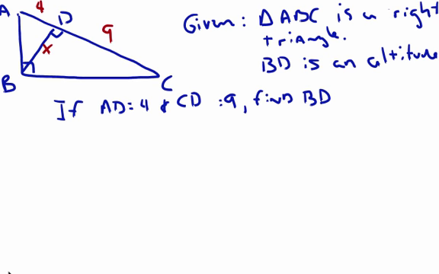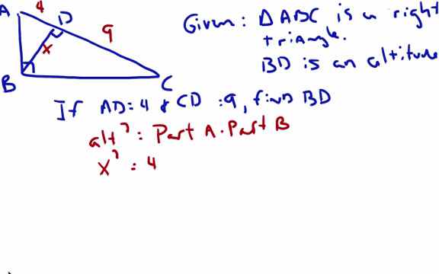Well, we recall from what we proved in the video that I can jump right to the shortcut, that the altitude squared equals part A times part B. Now, it really doesn't matter whether AD is part A or DC is part A. All I care about is plugging in and getting my answer. So x squared equals 4 times 9. So x equals positive or negative 6. But in this case, since we're talking about an altitude, it can't equal negative 6.